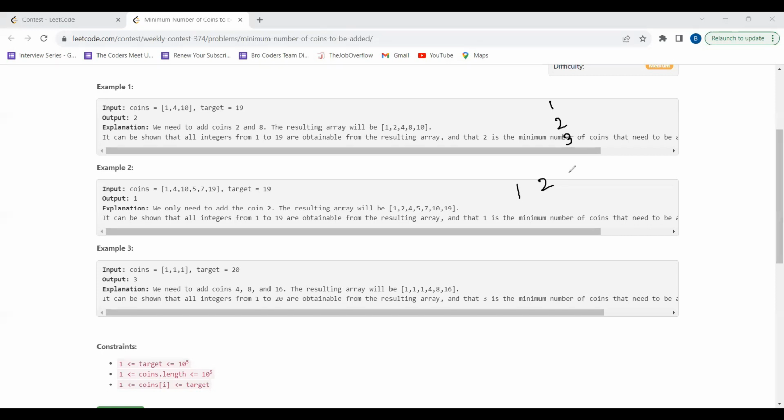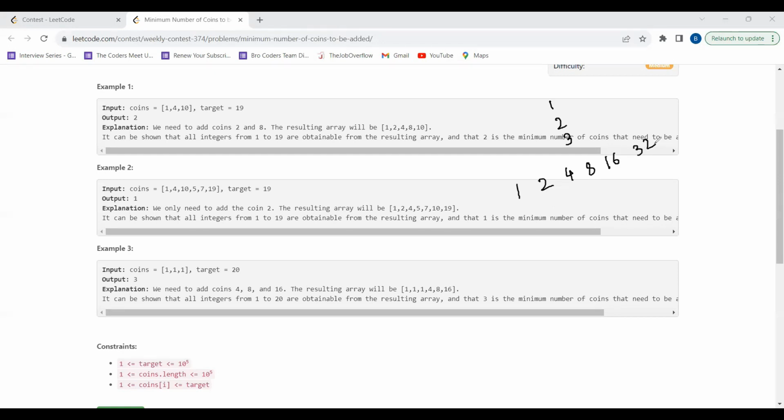It's clear now. Next I'll write 4. Next I'll write 8. Next I'll write 16. Next I'll write 32. Now tell me one thing. Can we form all numbers?